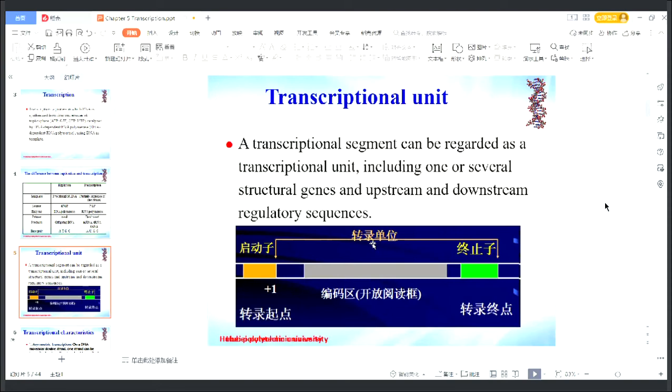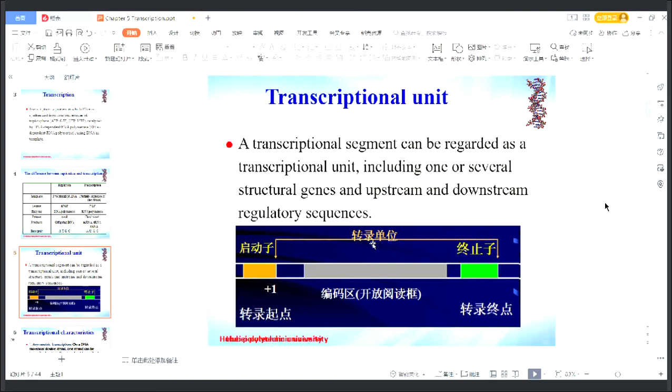And another is the termination point, the terminator. When this kind of sequence meets the RNA polymerase, at that time the polymerase stops the transcription.